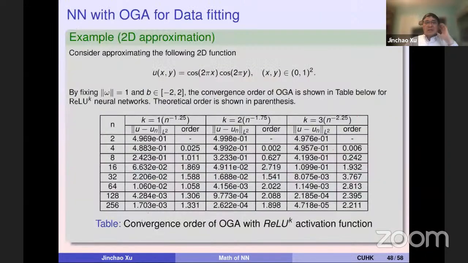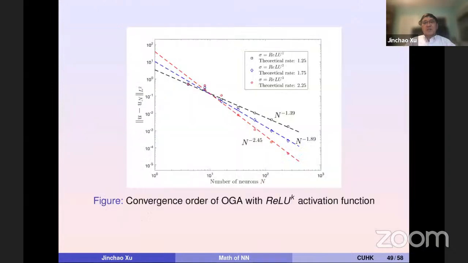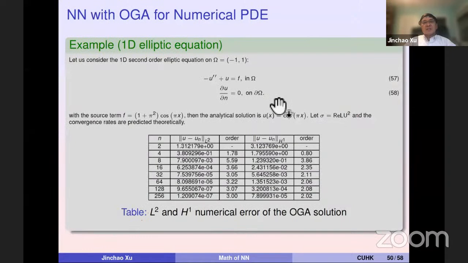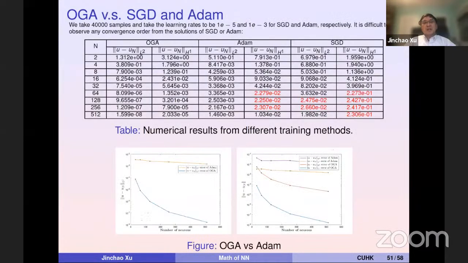As I told you before, if you do gradient descent, you don't see any asymptotics. But when you use this greedy algorithm, we can observe all the theoretical asymptotics. All this numerical evidence tells you that the theorem we have proved, you can also realize numerically.